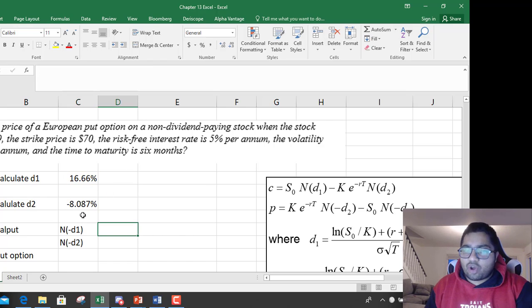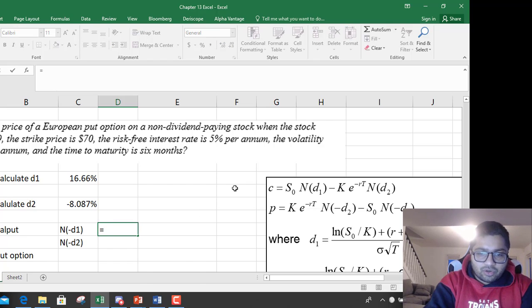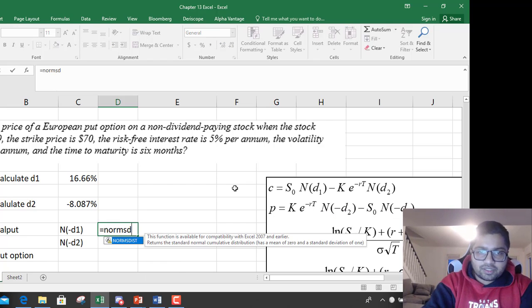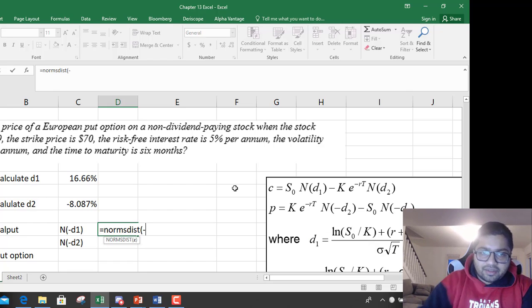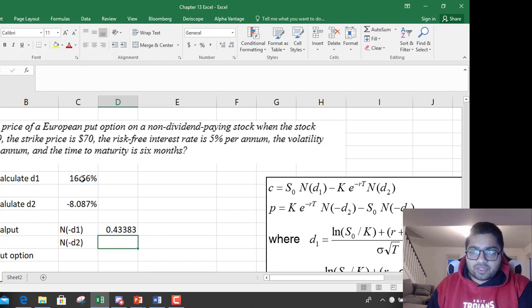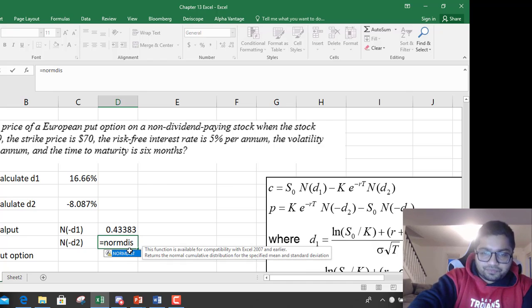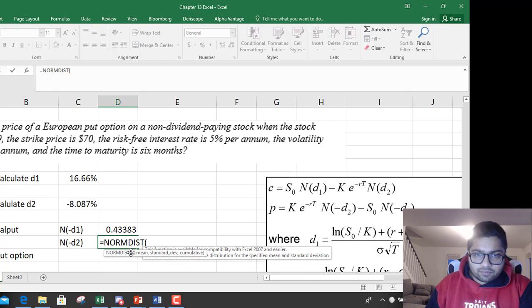Now we have to calculate normal distribution function of minus D1 and normal distribution function of minus D2. So let's do that. So normal distribution, okay, negative D1, so 0.43, okay, and normal distribution negative D2.